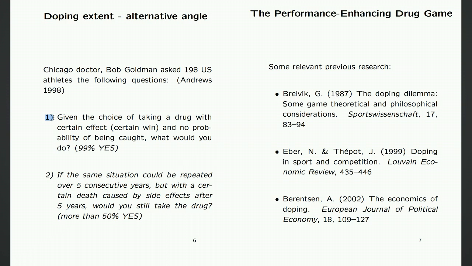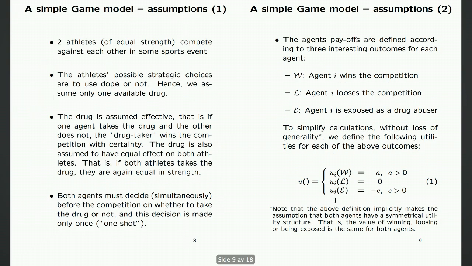He is the first person who identified the prisoner's dilemma structure of doping, I think. There's also a work here referenced by Ebrent Paul. And perhaps up to that point, the most important work is the last one here by Berendsen in 2002, published in the European Journal of Political Economy. Of course, myself, including others, has done a lot of work after this time period. We will return to that in a later series, I presume.